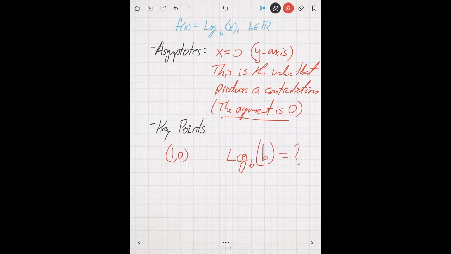What would that produce? Well, b to what power gets me b? That's just a 1. So we should note that whenever I plug b in for x, whatever the base is, you'll get a 1 out for the y. Let's take a look at that on the graph.